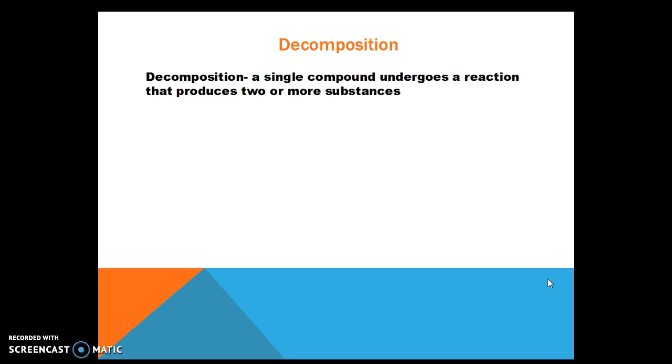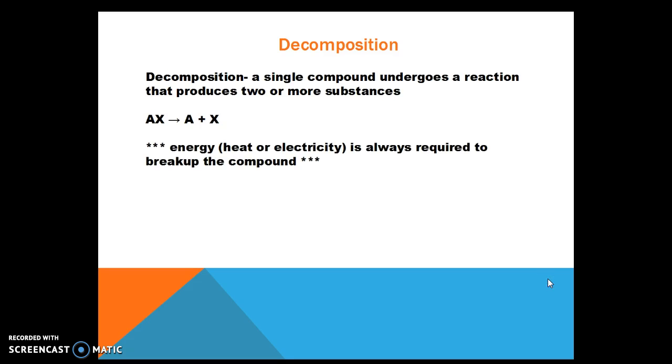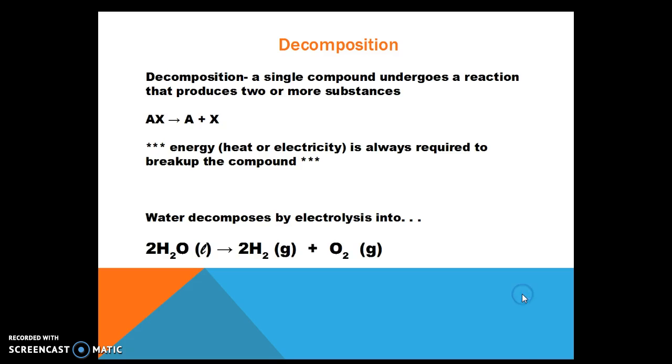Let's talk about decomposition. In decomposition, a single compound undergoes a reaction that produces two or more substances. AX breaks up into A plus X. Energy of some kind is always required to break the compound up. So water decomposes by electrolysis into hydrogen and oxygen gases.